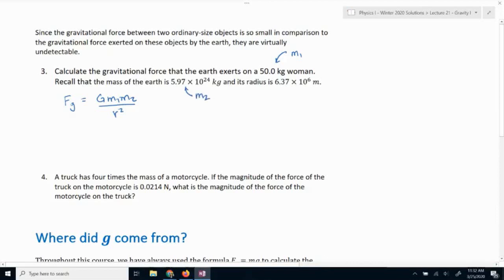And then, sorry, my dog sees something. And then, what are we going to use for the radius? It would just be the 6.37 times 10 to the 6. Okay, so I'm going to give you a minute to calculate this while I make my dog move. All right, I'll be right back.